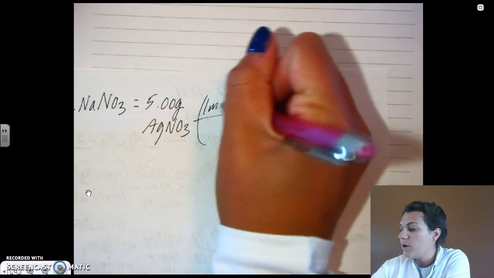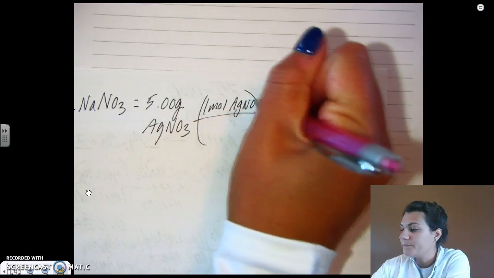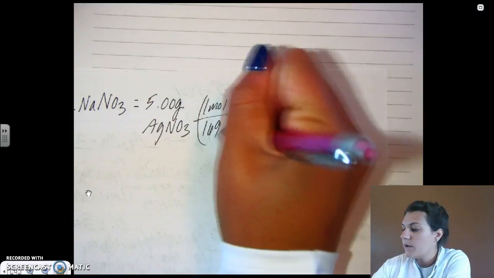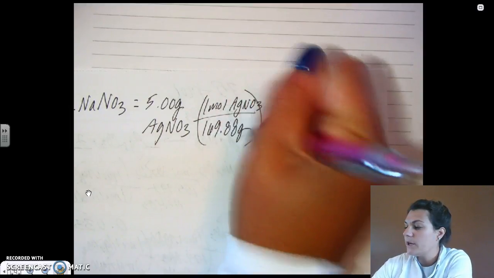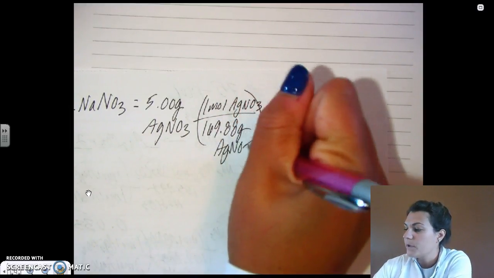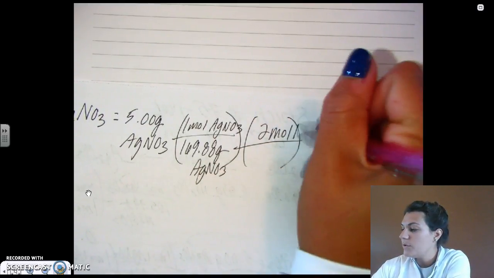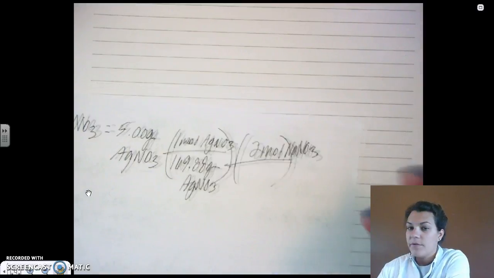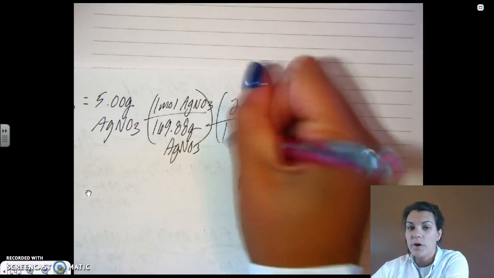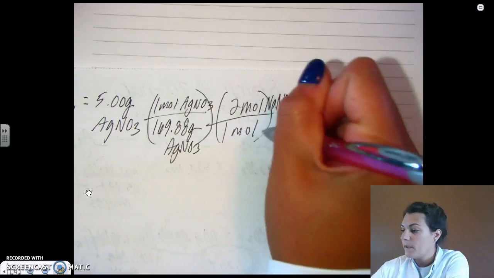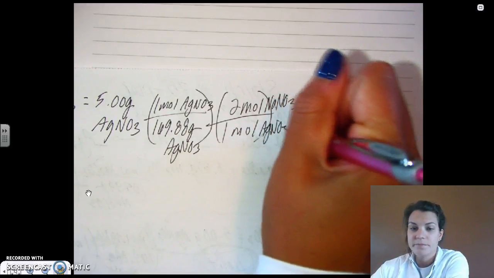Which means I'm going to have 1 mole of silver nitrate, that's 169.88 grams of silver nitrate, and then I'm going to do 2 moles of sodium nitrate for every 1 mole of silver nitrate.